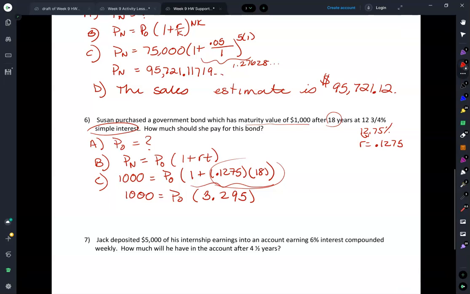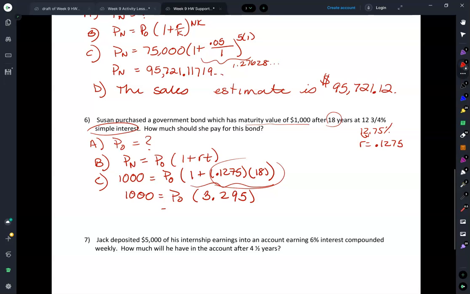And then I'm going to divide both sides by that 3.295. So I just do 1,000 divided by the second answer, or you could just retype it because it terminates. P sub 0 equals 1,000 divided by 3.295.